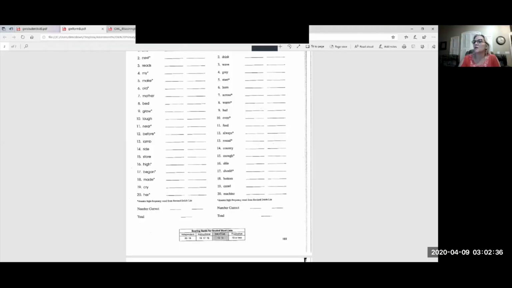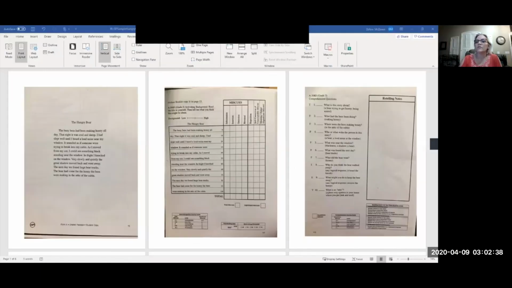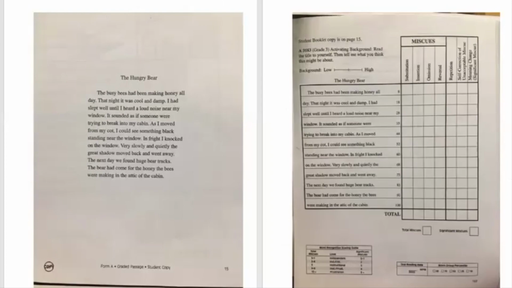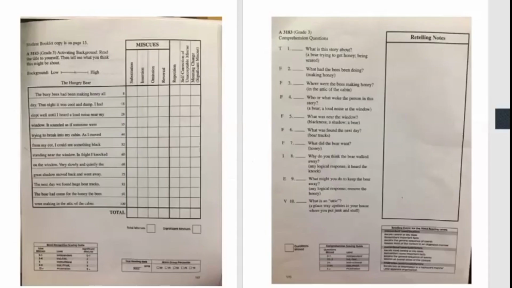Now let me take you to see part two, which is the graded passages. You can tell a real difference between the first picture, which is the story that the child would look at, and then the score sheet that you would actually fill out as the child's reading.